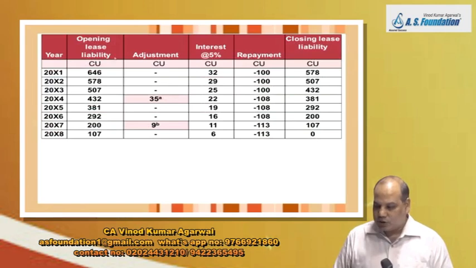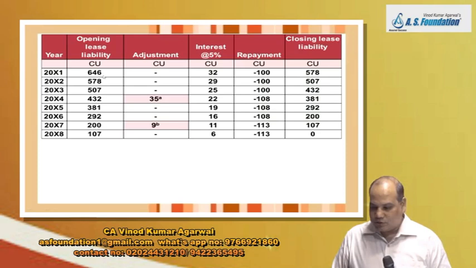So for that, to understand this table, only pay attention on the screen. In the first year, my opening lease liability is 646, agreed, tick mark, no adjustment in the first 3 years: 0, 0, 0 adjustment. You will calculate interest on this at 5%, 32.